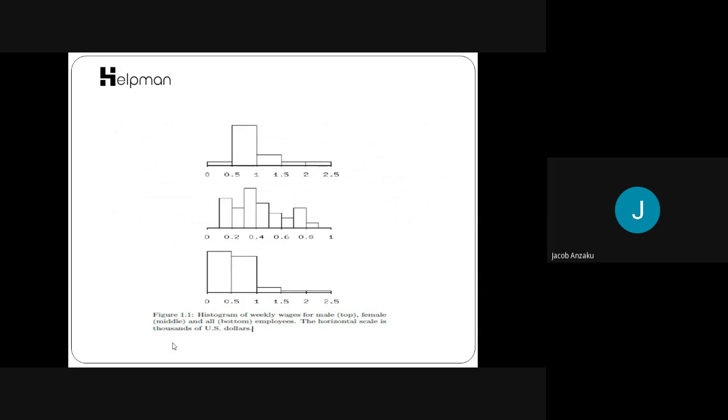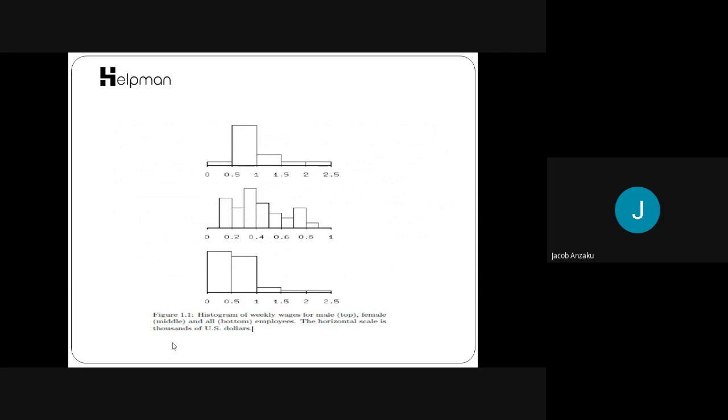Now we can see the histogram of weekly wages for male at the top, for female in the middle, and then for all employees at the bottom. The horizontal scale is thousands of US dollars, and the vertical scale is the frequency.